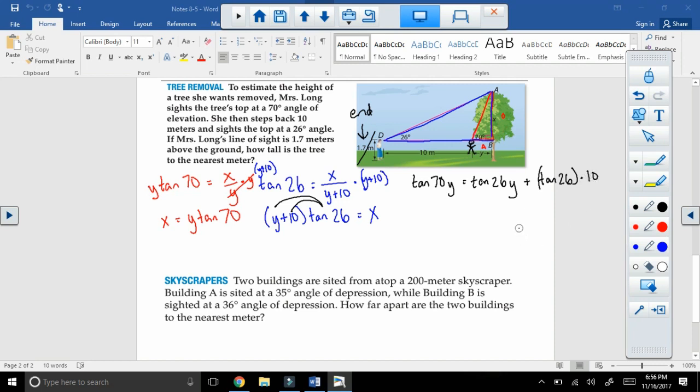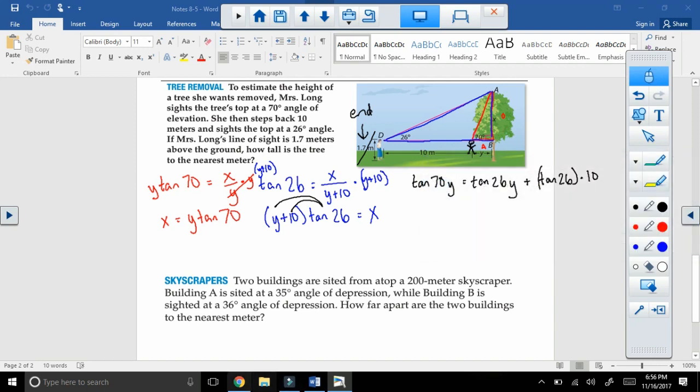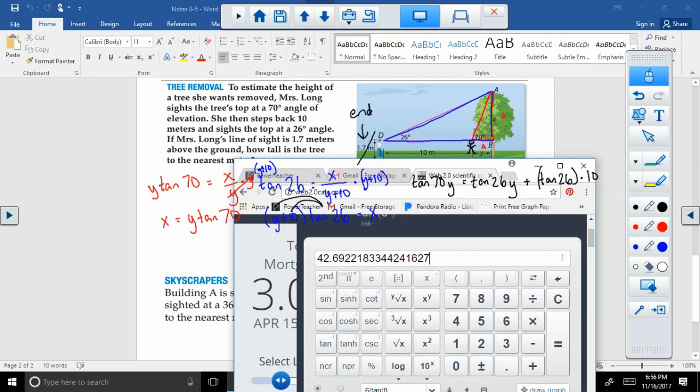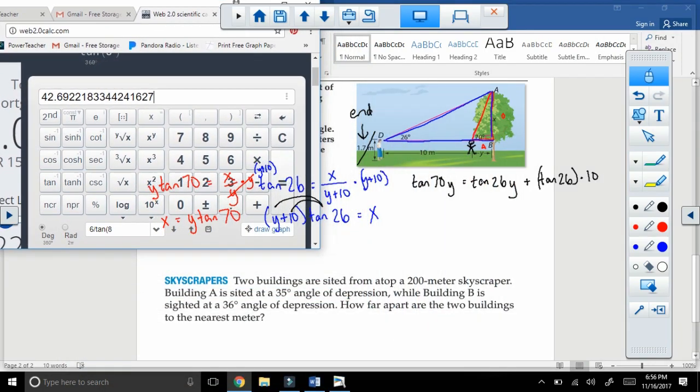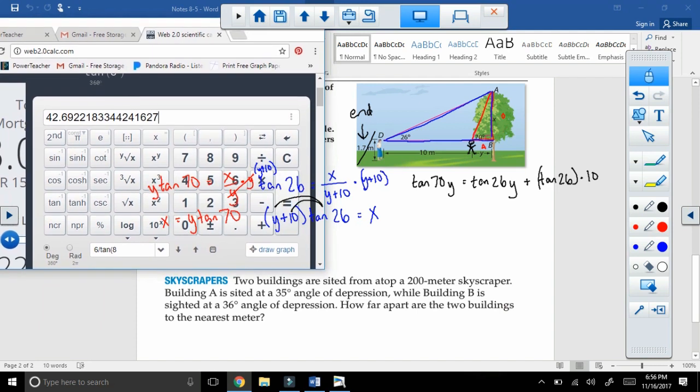So what you have to remember is that these are just numbers, and you're going to have to use your calculator to get what those numbers are, and that's fine. This might be a good time for you to just grab your calculator and do these different calculations on here. You could keep going with just writing out like tangent and stuff, but it's probably a really good time for you to start just writing down decimals.